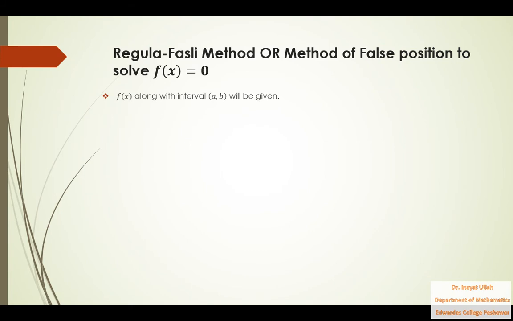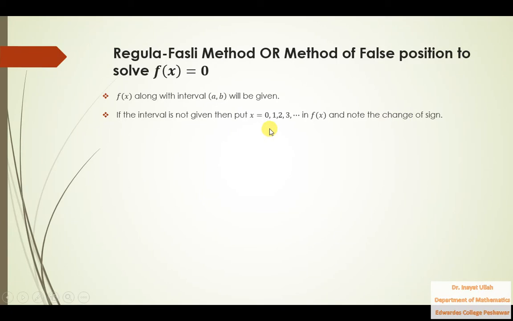If this interval a, b is not given to you, then you will put x equal to 0, 1, 2, 3 and so on in the given function, and note the change of sign in f of x.